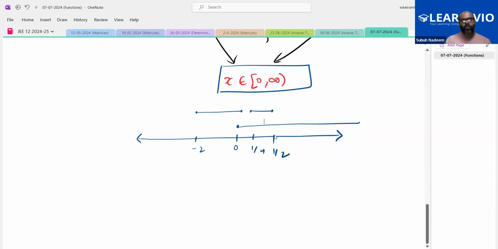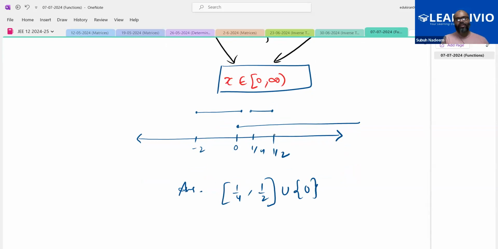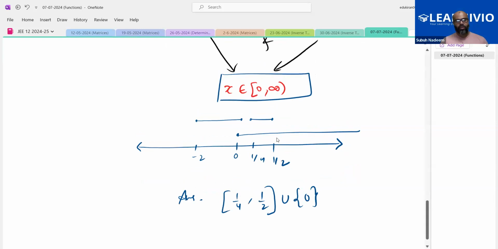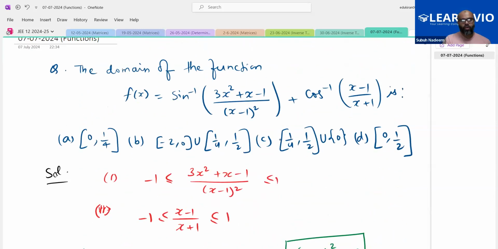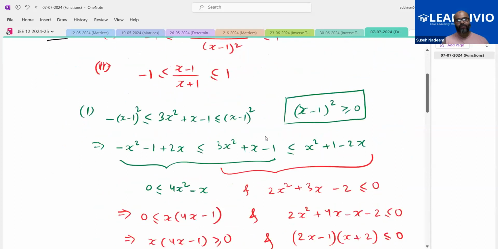If you see the common part of the above lines and the below line, 0 alone is the common part, and then 1 by 4 comma 1 by 2. 1 by 4 comma 1 by 2 union 0 is the single point here, which is common to the above part as well as the below part. Other than that, 1 by 4 to 1 by 2. So if we see the options, we have option C as the correct answer.